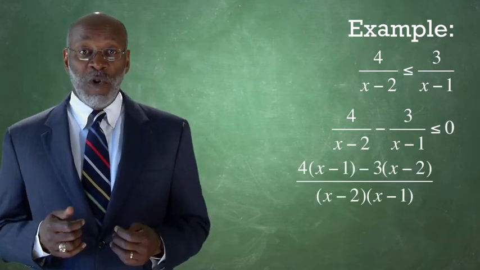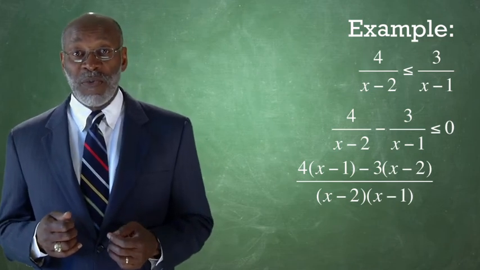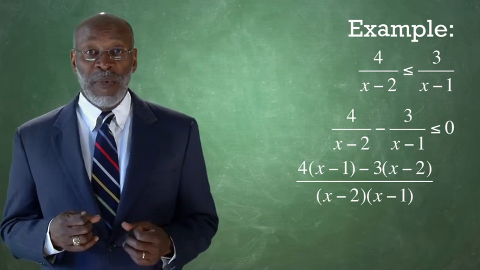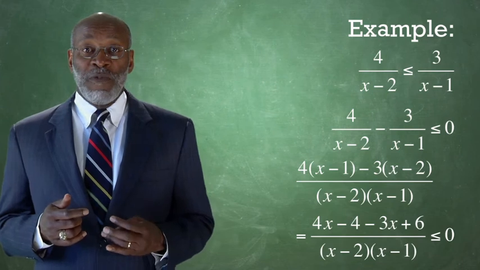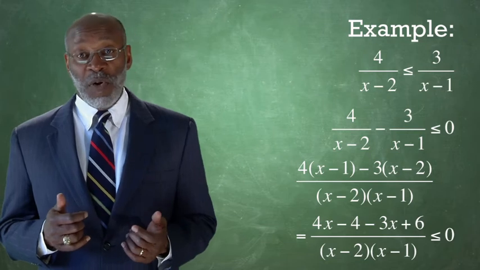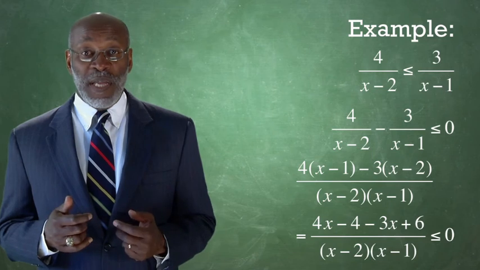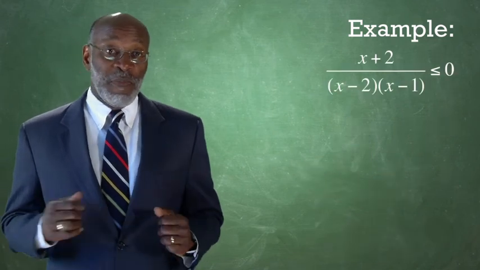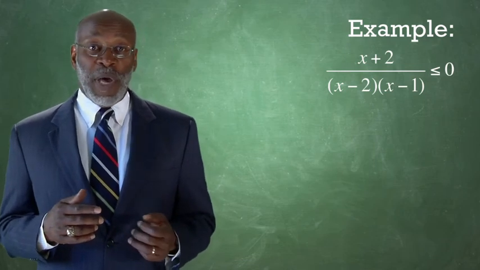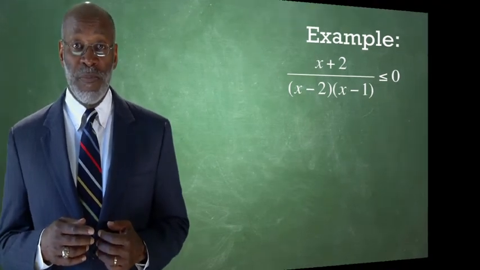We get 4 times x minus 1 minus 3 times x minus 2 all divided by x minus 2 times x minus 1, which equals 4x minus 4 minus 3x plus 6 all divided by x minus 2 times x minus 1 is less than or equal to 0. Further simplifying, we get x plus 2 divided by x minus 2 times x minus 1 is less than or equal to 0.